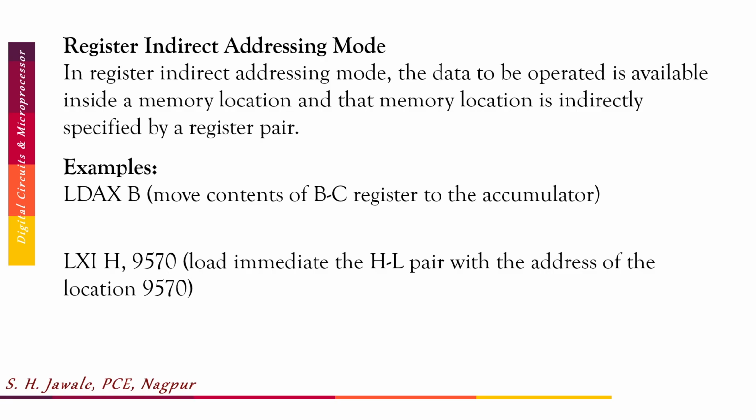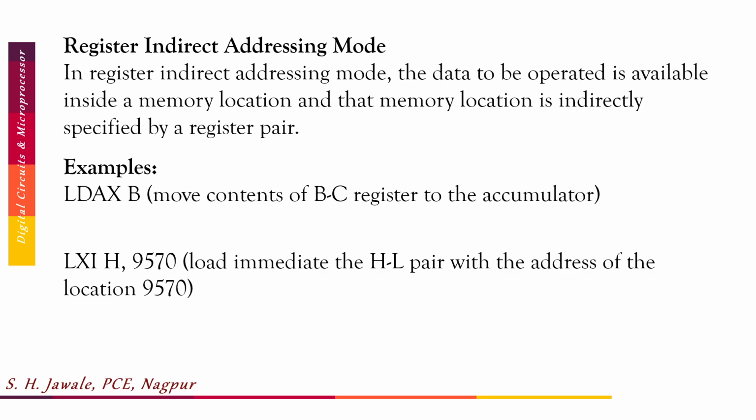The example of register indirect addressing mode is LDAX B. The meaning of this instruction is move the content of the memory location addressed by the BC register pair to the accumulator. Another example is LXI H, 9570H.